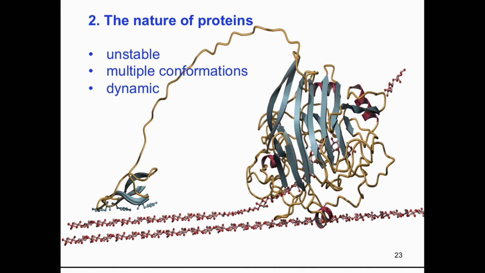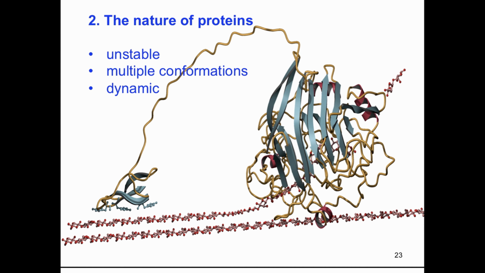Another problem with the proteins is that they often have multiple conformations. They have loops, they have flexible domains. Maybe they have the ligand bound, maybe they don't have the ligand bound, and when they bind the ligand, they change shape. They're very dynamic molecules.